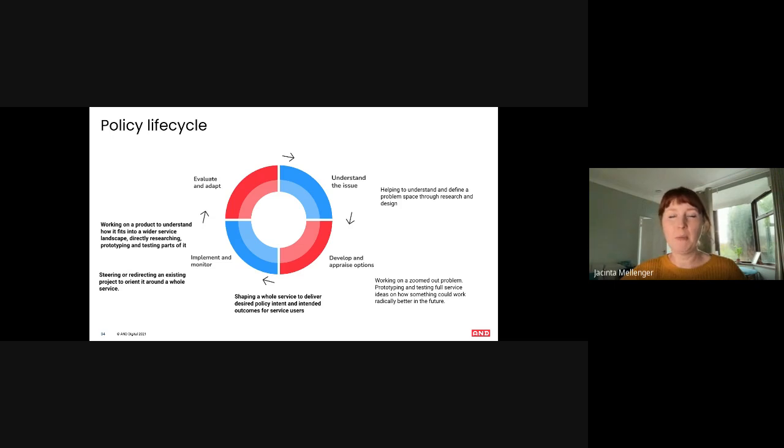This is pretty common in my experience, landing in this space, and it can involve lots of mapping, influencing, and evidencing work to really develop that service mindset with people. Post implementation, which is a lot more common, you could land in a product team mid-delivery and help them understand where their transaction fits within a wider service environment, directly researching and prototyping parts of it.